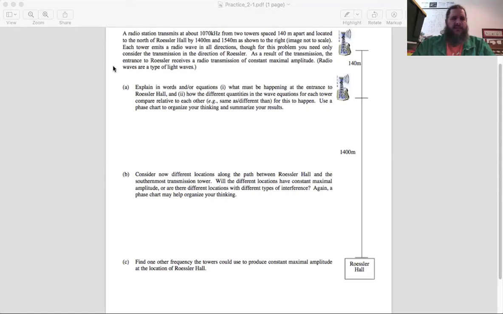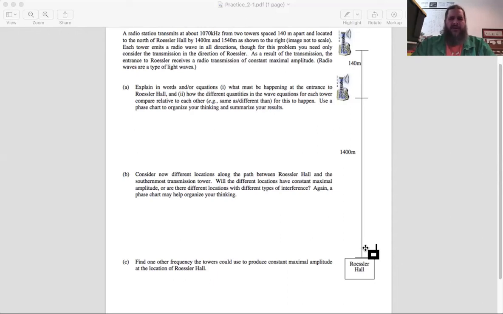So we're assuming that as the observer, you have set up shop at Ressler Hall. So let's say you have a radio receiver. You got your little radio receiver here with an antenna. And you find that you get a very good signal, maximum amplitude radio transmission.